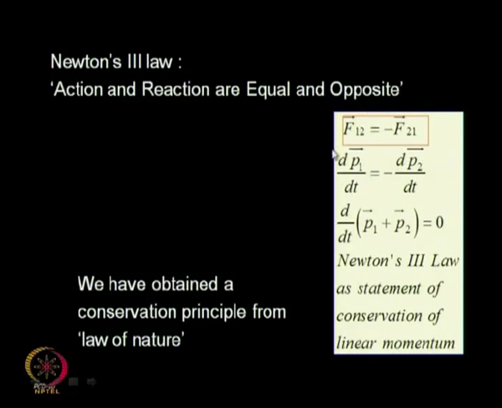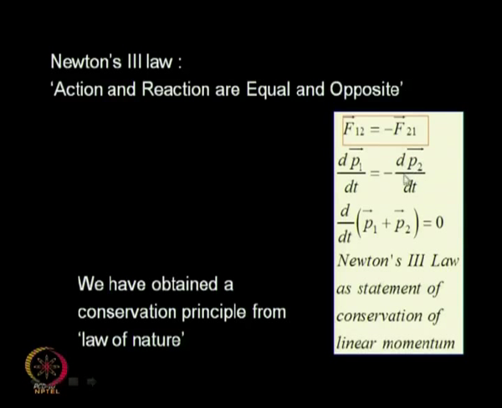Now, let us have another look at Newton's third law. It is written over here in this red box, F12 is equal to minus F21, but we already know from the second law that the force on 1 is the rate of change of momentum of object 1, and the force on object 2 is the rate of change of the momentum of object 2, so it is dp2 by dt.